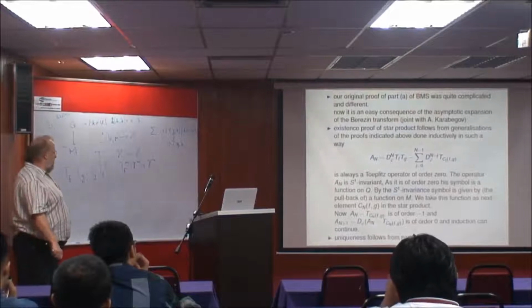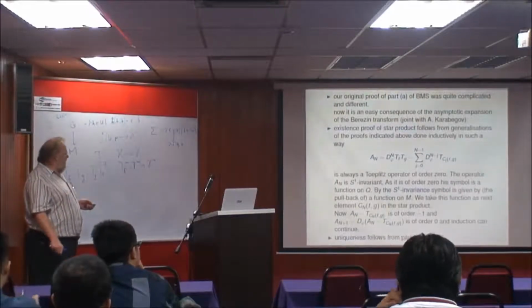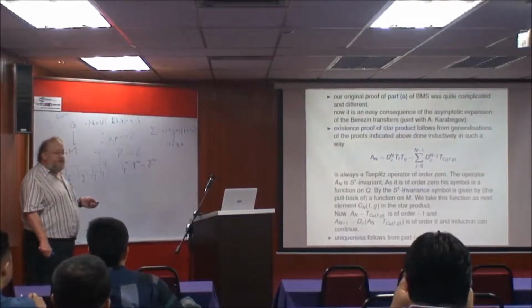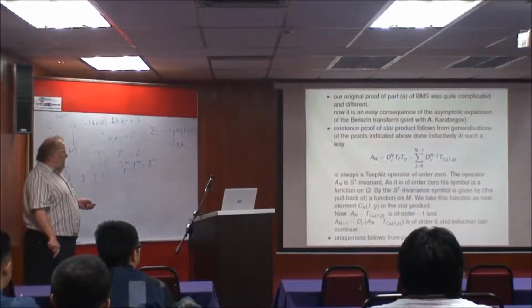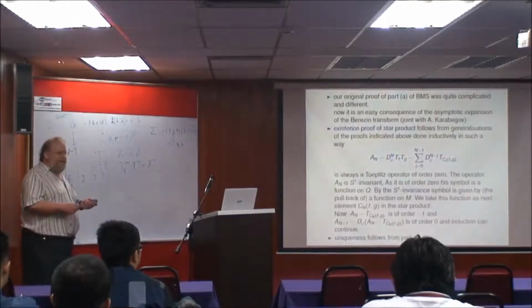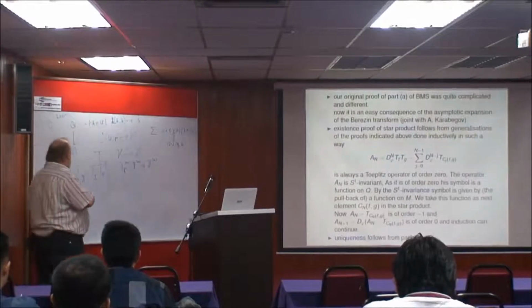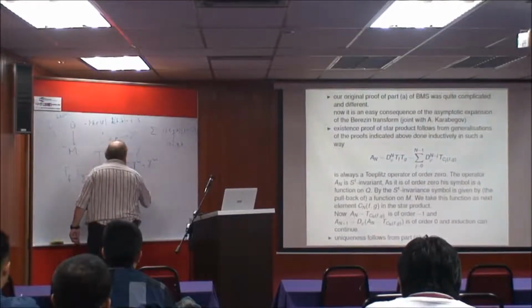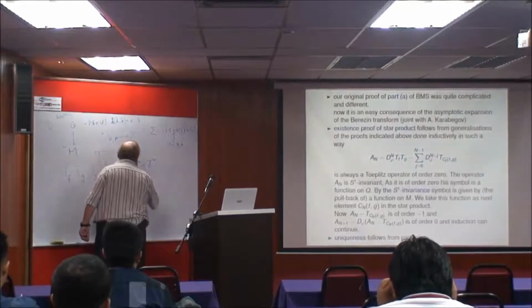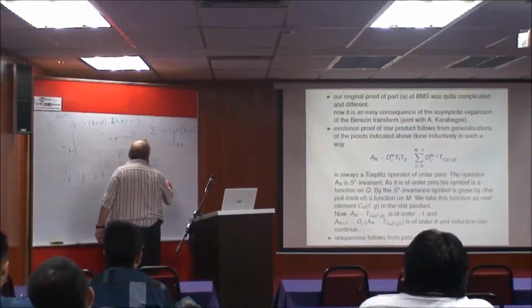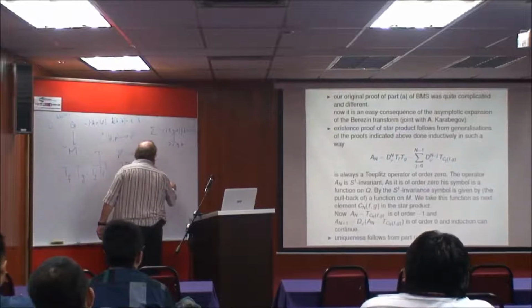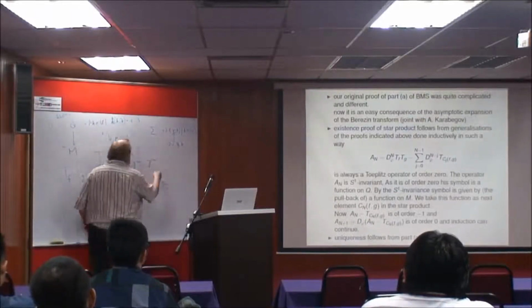So the point is that we consider our Toeplitz operators, generalized Toeplitz operators, of such a form here. We have Tf times Tg, because the idea was, in some sense, to have for Tf times Tg some kind of asymptotic expansion. This is the idea, okay?